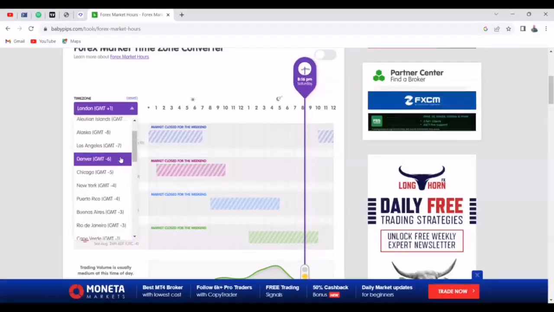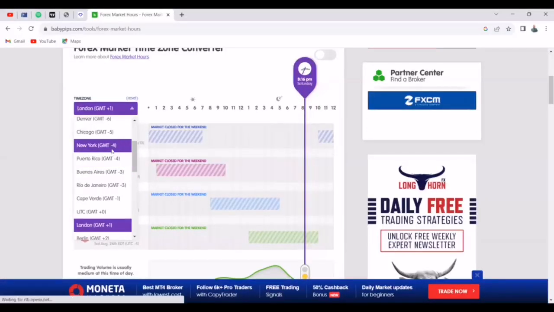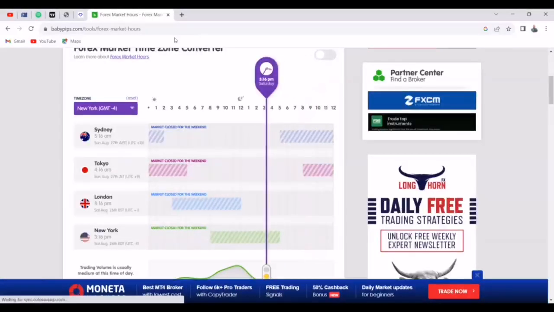I know that our mentees in this group are from all over. We've got guys from New York, Johnny, and Joseph from Haiti, so we've got a few guys on this session from overseas. So GMT minus 4 would be New York. If you are in New York, these sessions will be based on your local time.